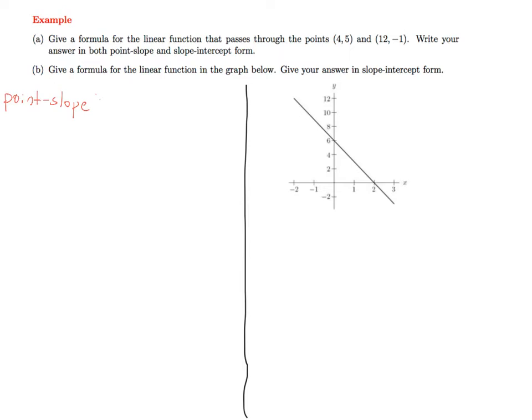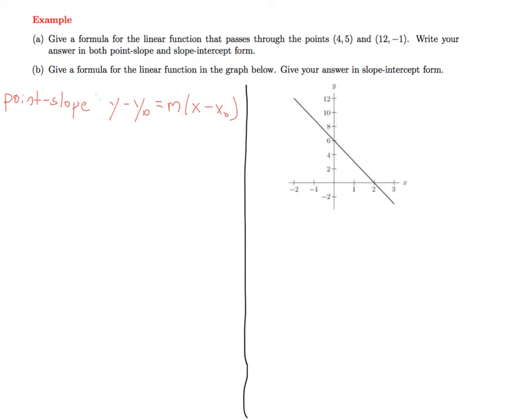in general, can be written in the form y minus y0 equals m times (x minus x0). Where here m denotes the slope, and we know that the point with coordinates (x0, y0) is 1 point on that line.